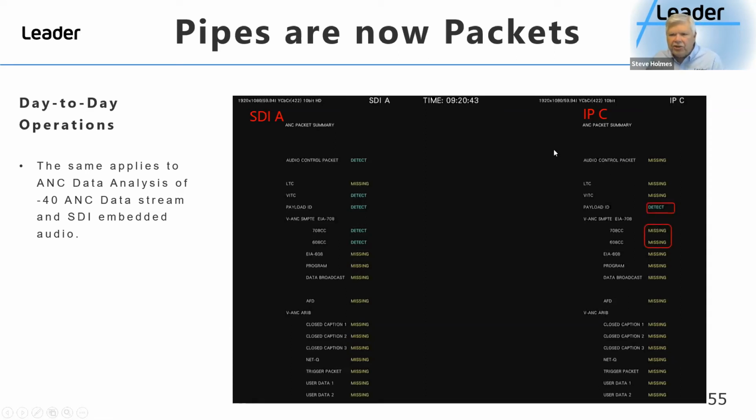In this case, you can see that my VPID didn't make it through the system. My 708 with my 608 writing inside of it didn't make it through the system, yet they were coming into the gateway that was making all this video. The gateway just wasn't configured correctly.